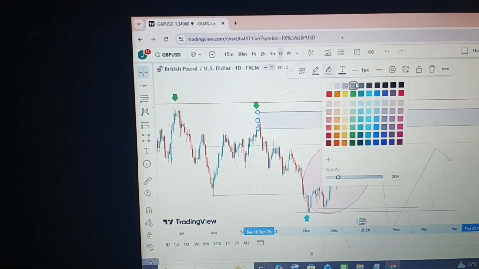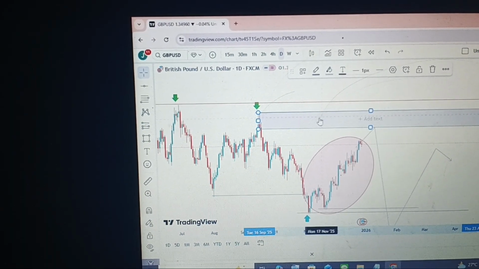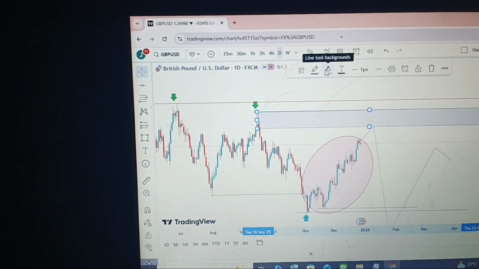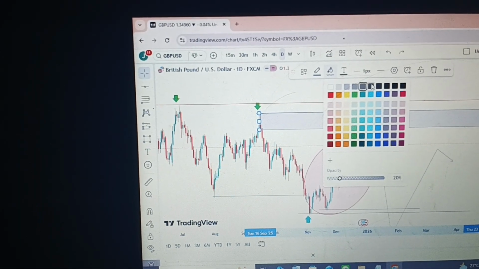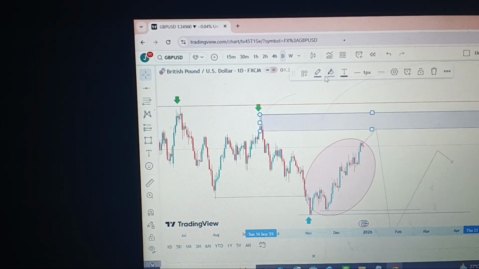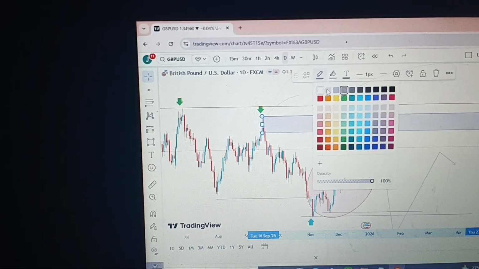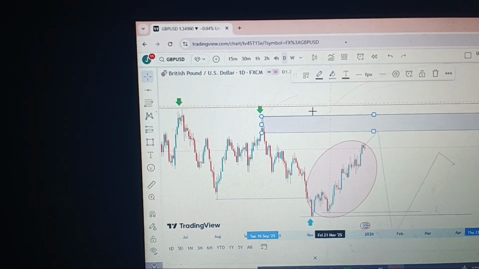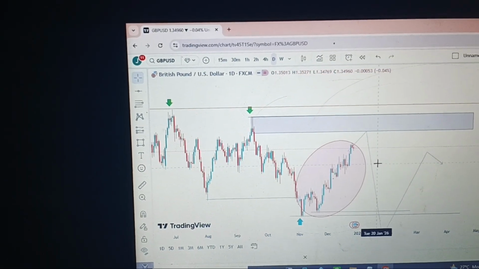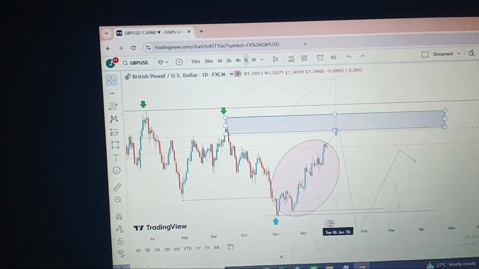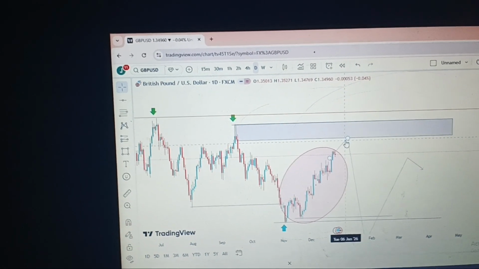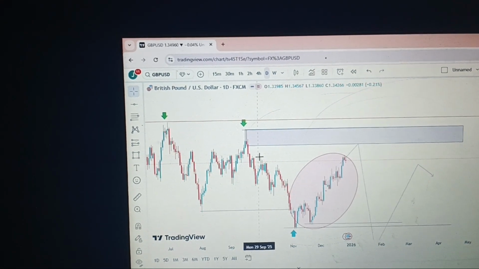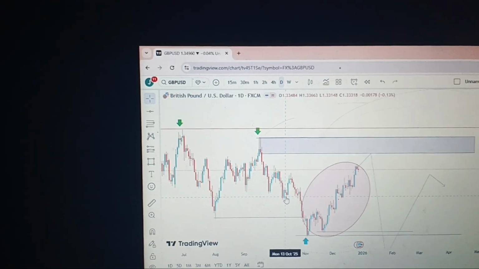So we should be expecting the reversal to occur here, and this is more like a full daily action.